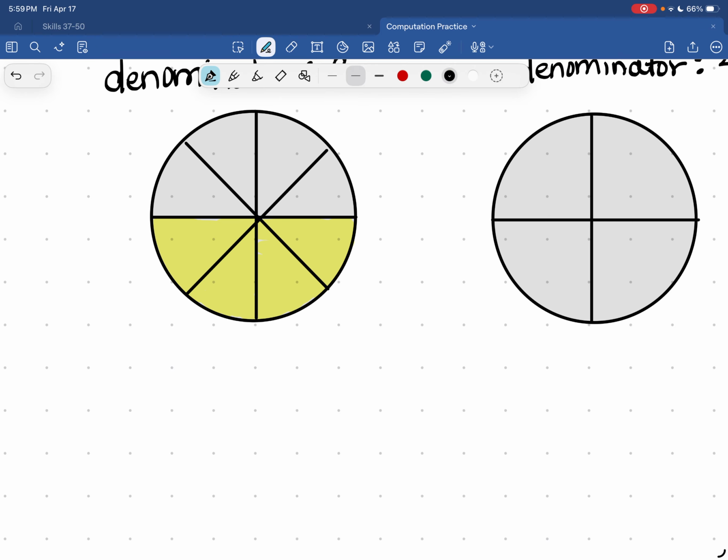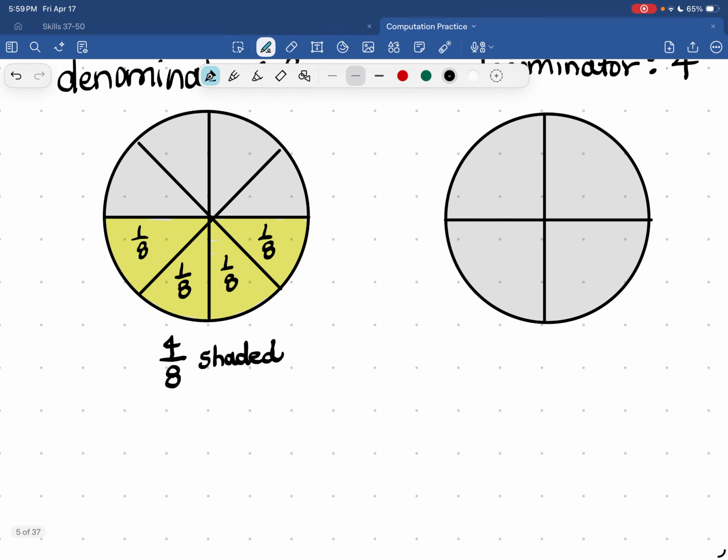So we could say that 4/8 is shaded. Just hang with me here. 4/8 is shaded because here's 1/8, here's 1/8, here's 1/8, and here's 1/8. That's 4 of them. 4/8 is shaded.